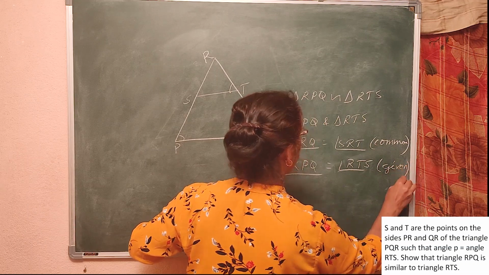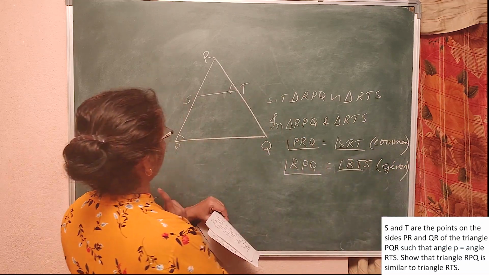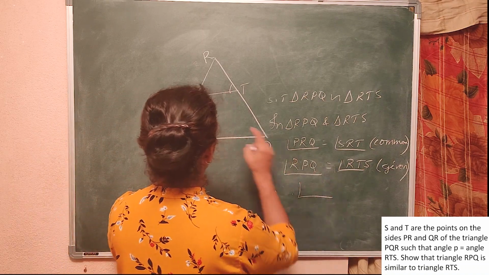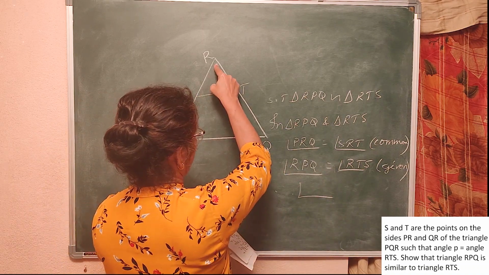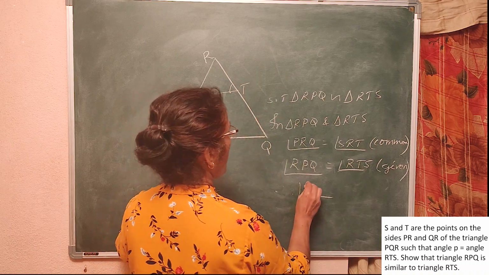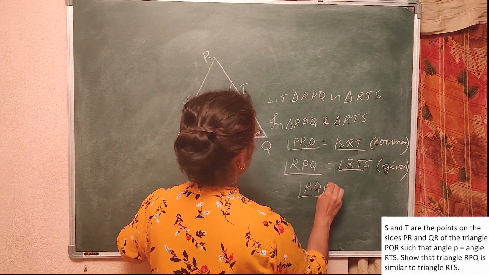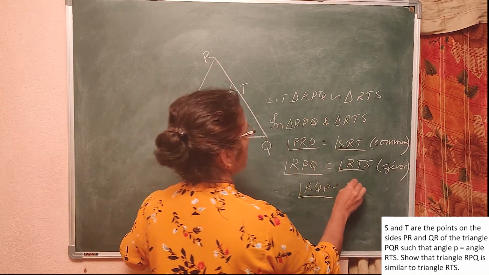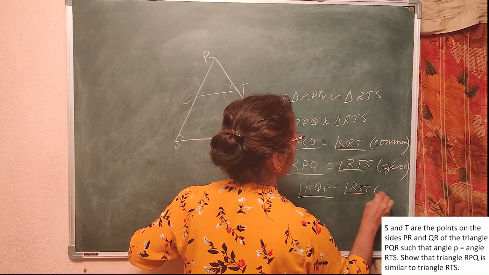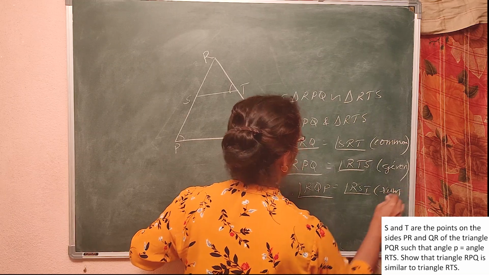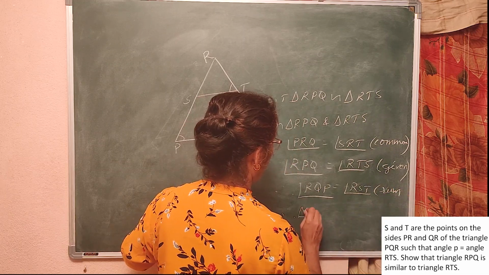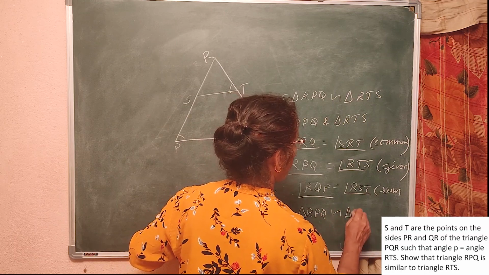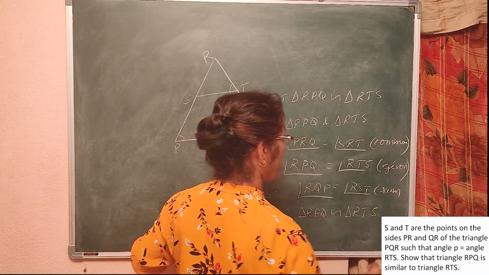When two angles are equal, the third angle will automatically be equal. Therefore, angle RQP is equal to angle RST by remaining angle. Therefore, triangle RPQ is similar to triangle RTS by AA similarity criteria.